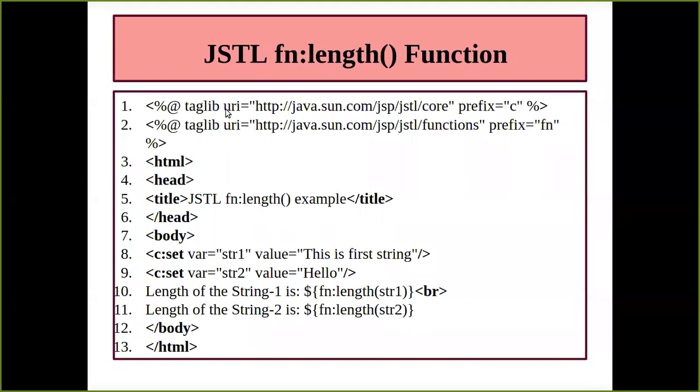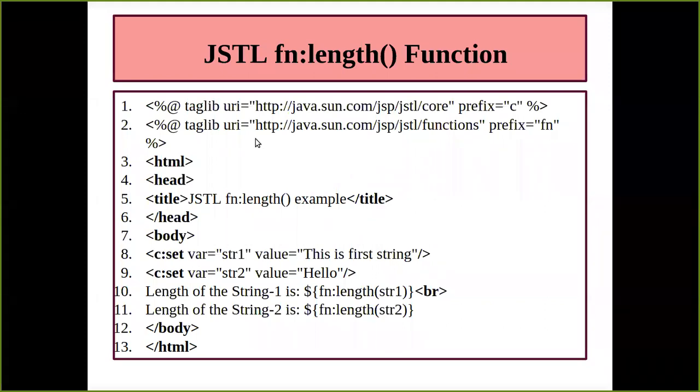Now if you can see in the program, we are going to make use of both the core tag as well as the function tag. Why are we making use of the core tag? Because the function tag alone cannot print the values. Printing values, variable declaration, controlling structures and all those things happen only in core tags.